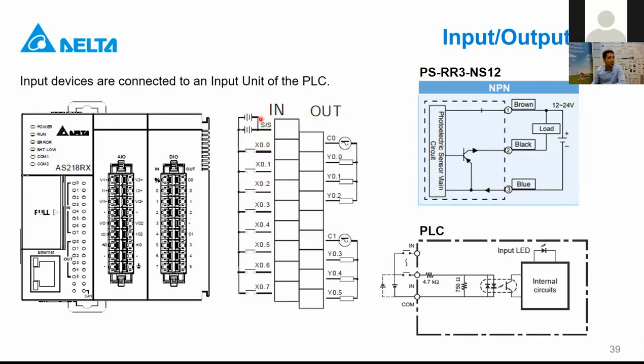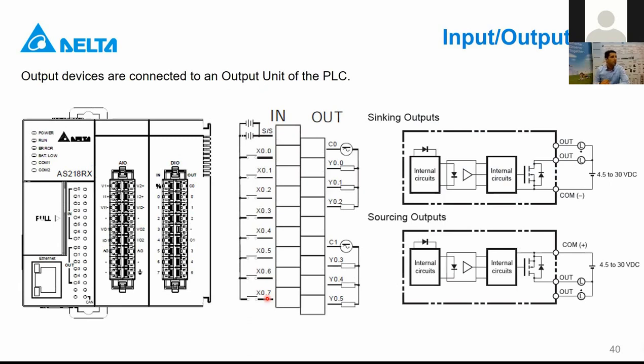If you make the PNP wiring for the first input, then the rest has to be PNP as well, because we have only 1 COM port. But for the output, it is a different story, because when you are purchasing, you already choose whether it is NPN or PNP. So it is defined in the factory itself. When you get the product, you have to check whether it is NPN or PNP, and make the wiring accordingly.